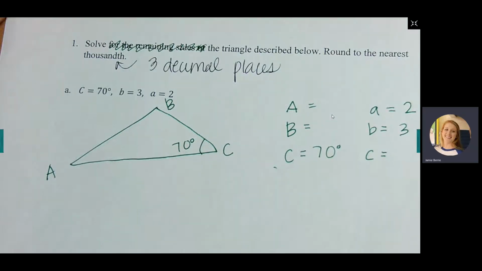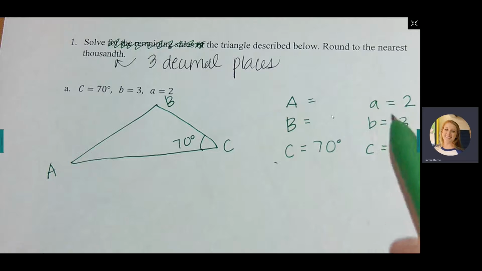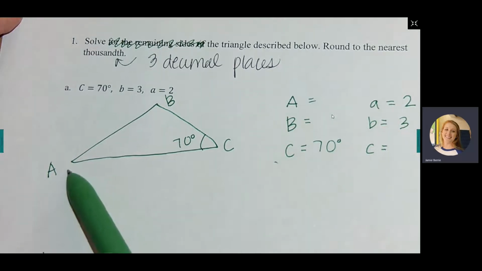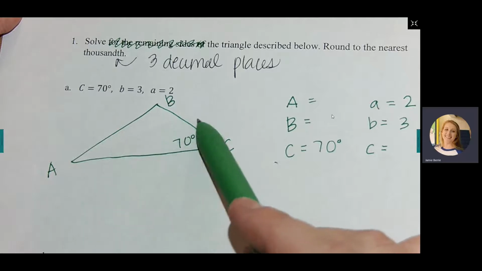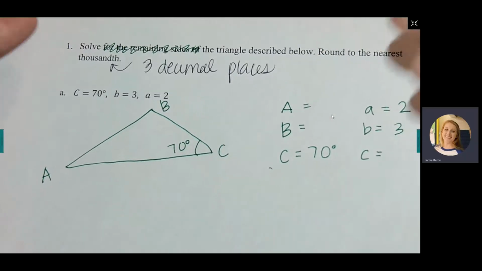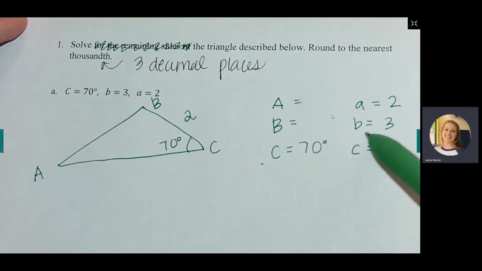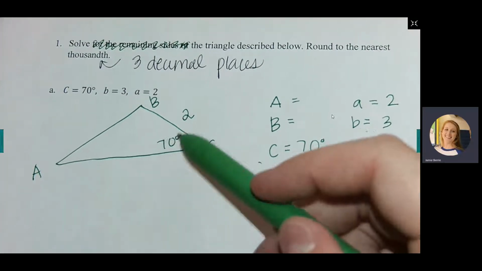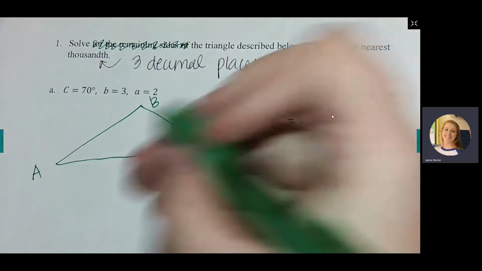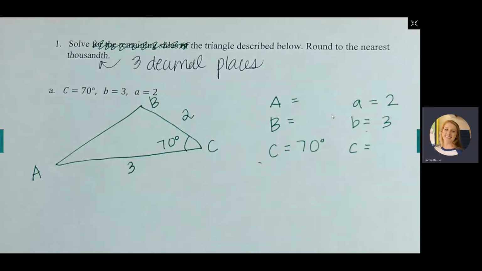It doesn't matter. Wherever you draw the angles, that's going to tell you where your sides go. So if this is the angle A, straight across from here, that's going to be side A. So side A is 2. And then, let's see, we know little b is 3. So straight across from the angle B, we have side B is 3. All right, so first thing you're going to do is just find that remaining side.